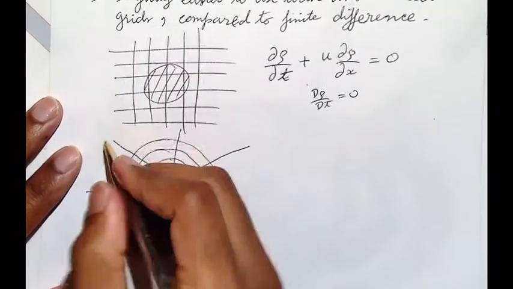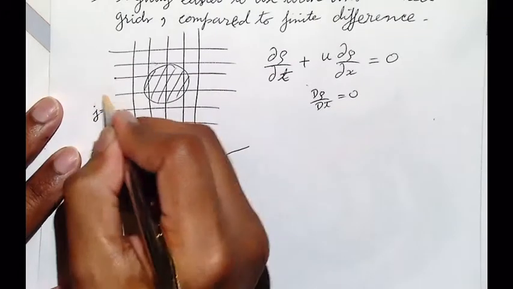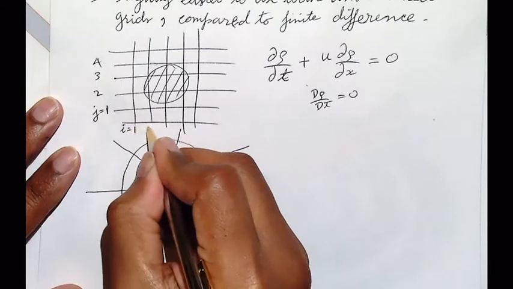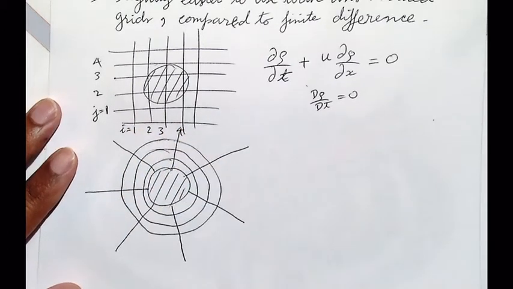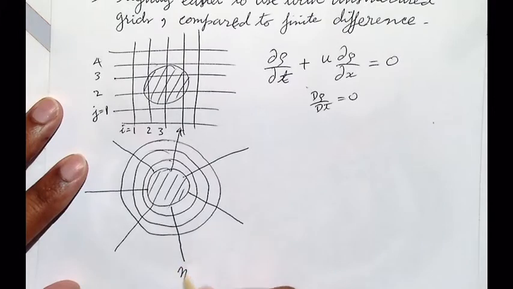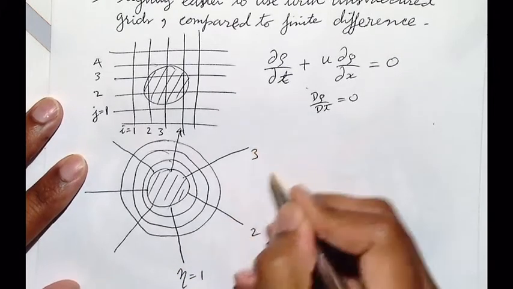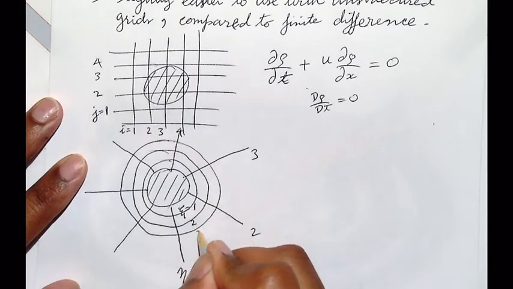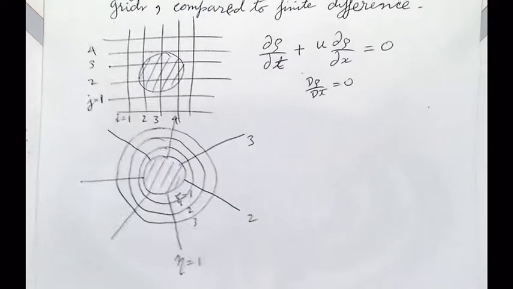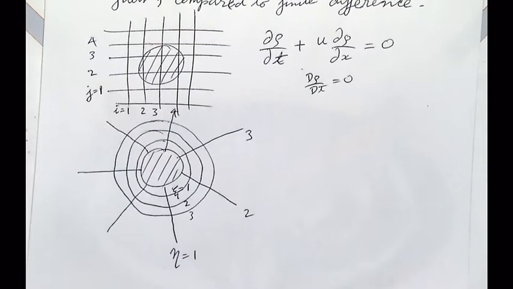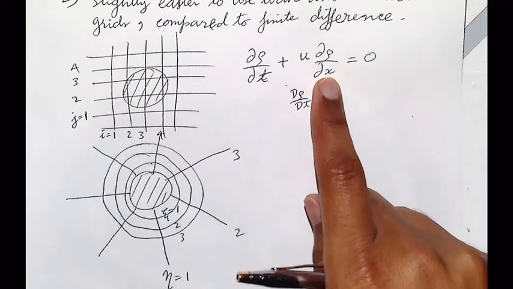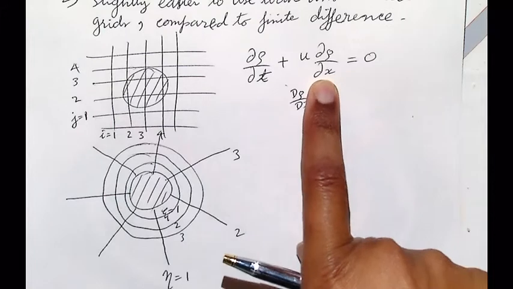Okay, and here we had what? J equal 1, 2, 3, 4. We had I equal 1, 2, 3, 4. Now what we will have is eta equal 1, 2, 3, and xi equal 1, 2, 3. So we basically use a mesh that matches our body shape. But if you think about it, we can no longer use d by dx or d by dy.